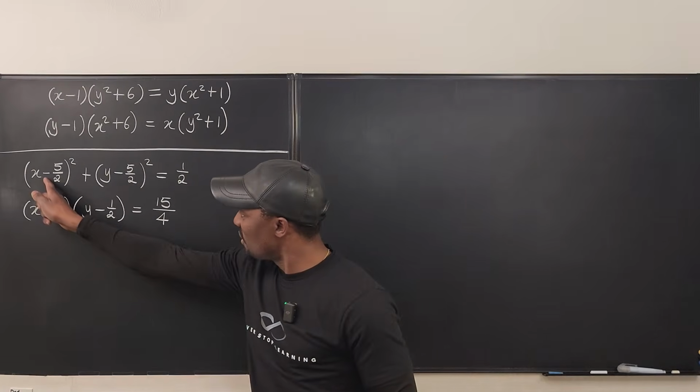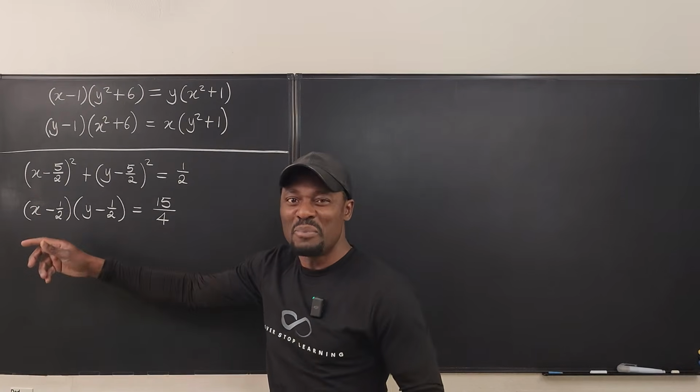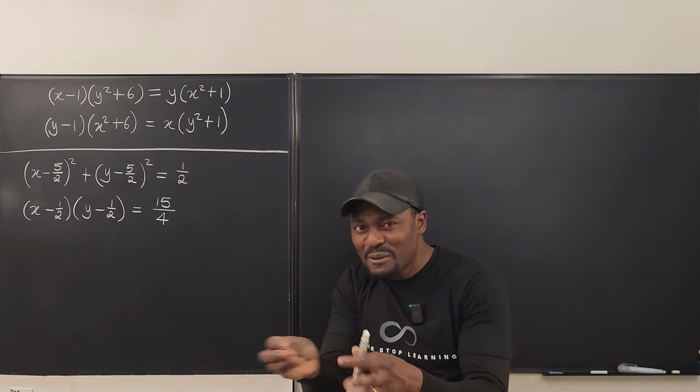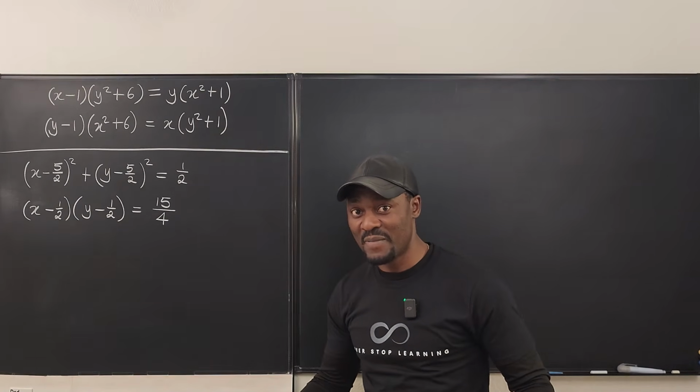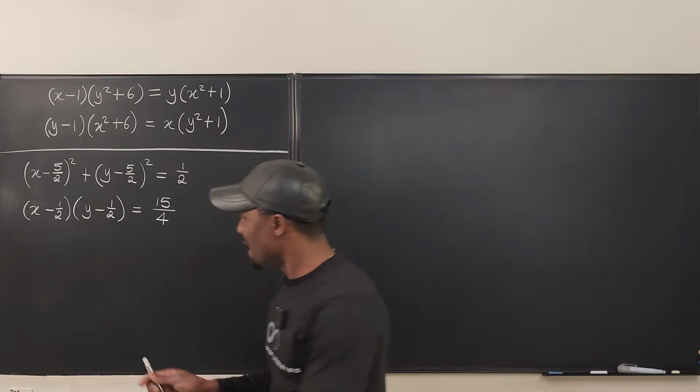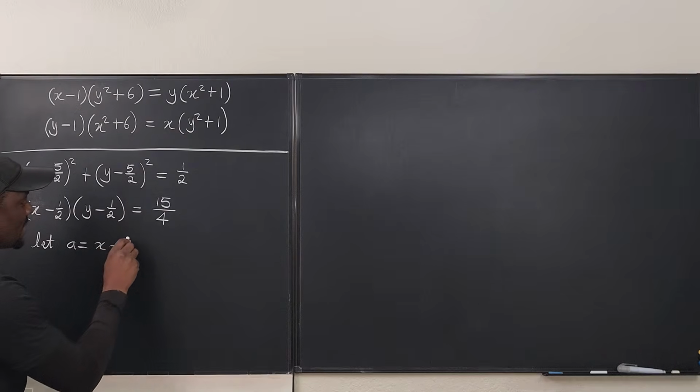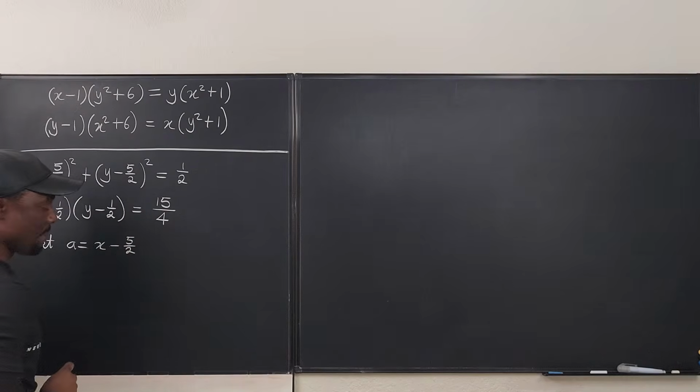I know this doesn't look exactly like this, but because it's linear, we can actually make something that is common to both of them. So we can say, let's work with this one. Let's say let a be equal to x minus 5 over 2.